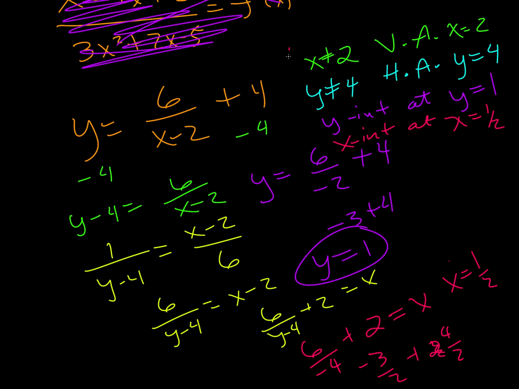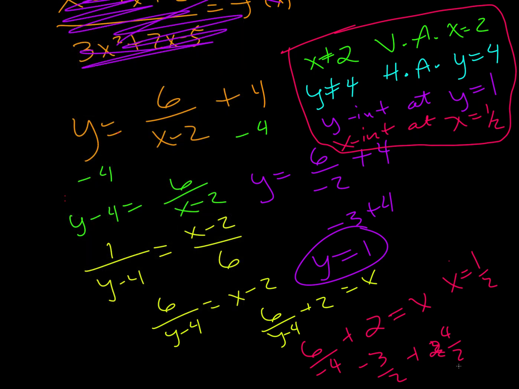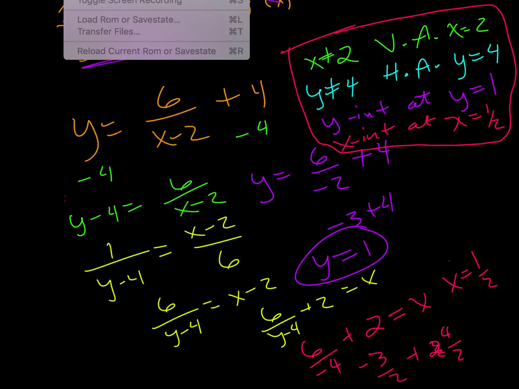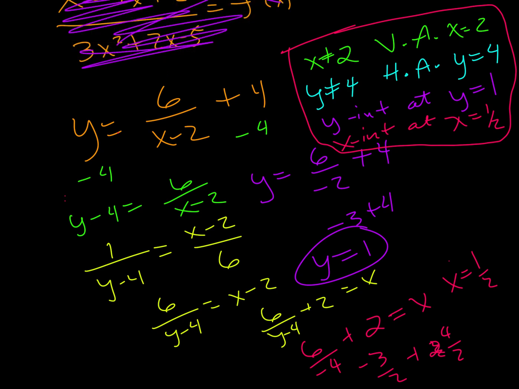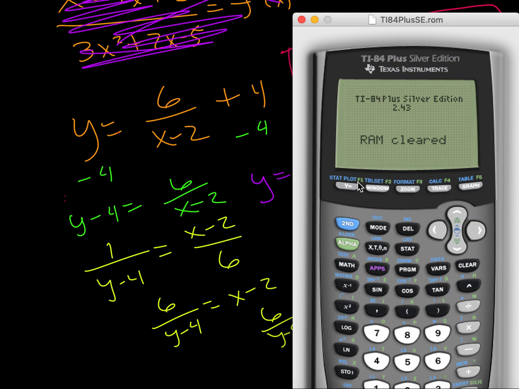Okay, now we have all of this information that can help us graph it a little more precisely. Now if we just go to our calculator, and we graph this.